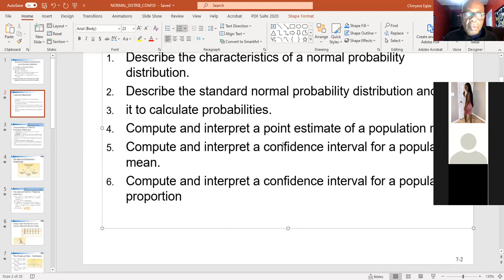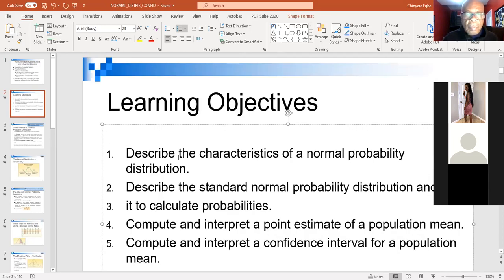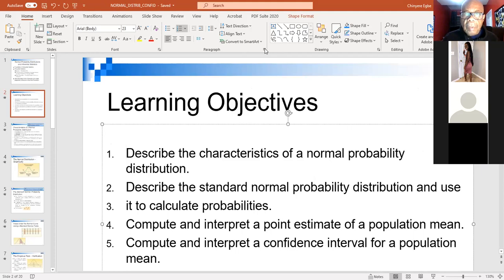Okay, so we're going to use information from a sample to make a judgment about the population. So the objectives are very easy.